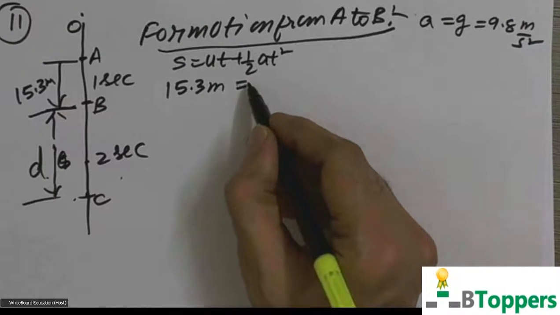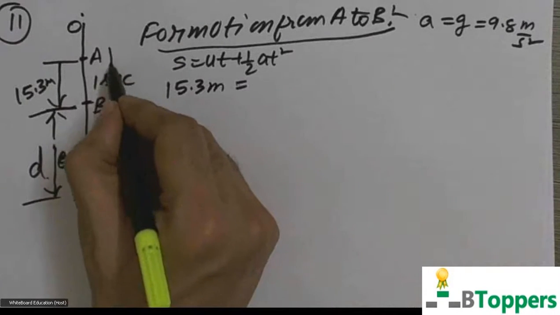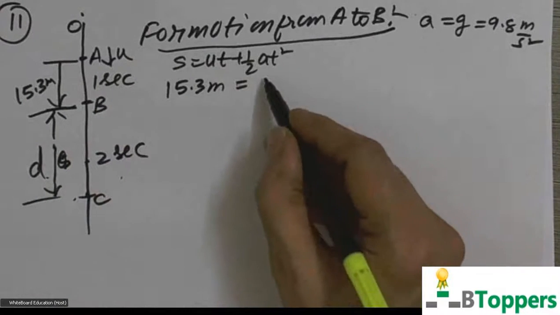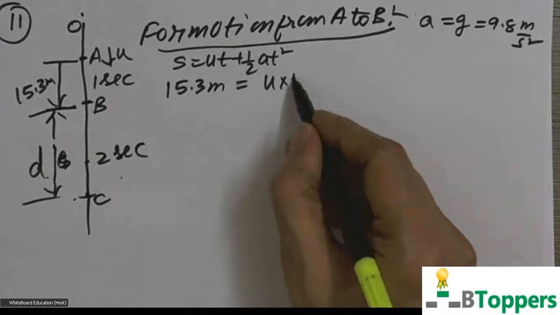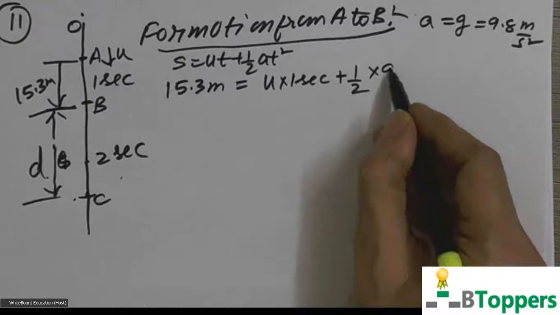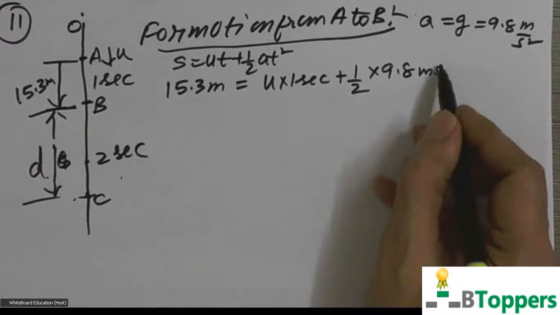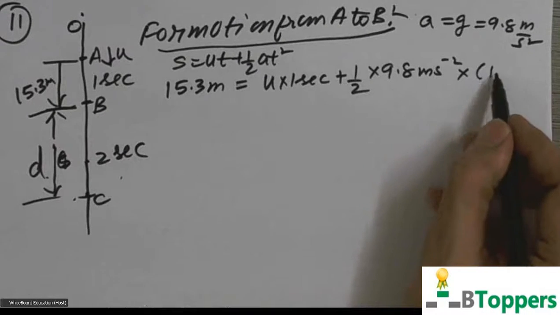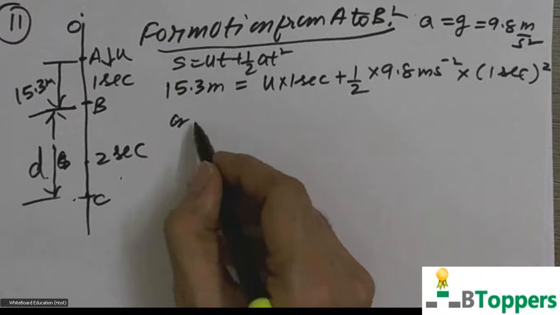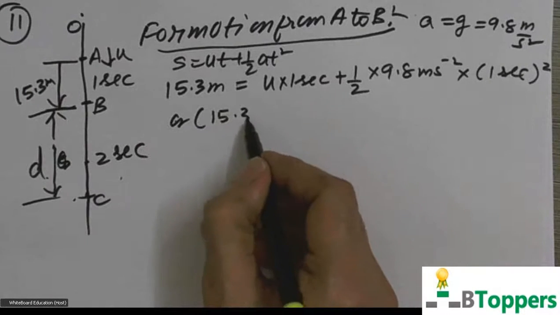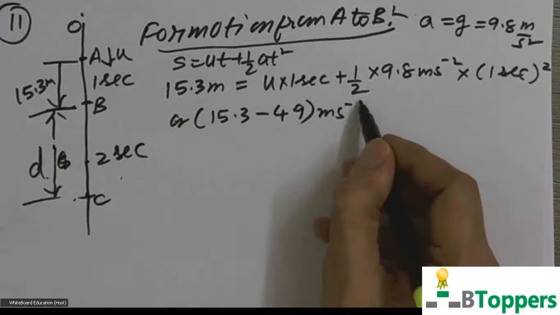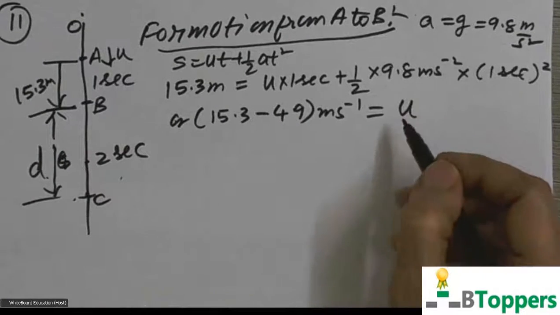Let u be the initial velocity at A, which you are not given in the problem. And time of motion from A to B is 1 second. The acceleration equal to 9.8 meters per second square. t equal to 1 second. So you can simplify this and find the value of u.